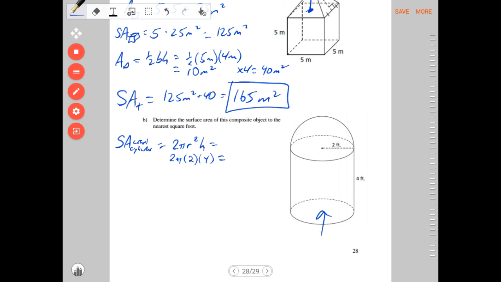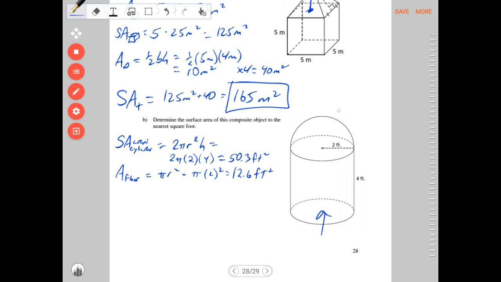So that works out to 50.3 square feet. Then we have the area of the floor, which is just a circle, so that's pi r squared. So that is pi times 2 squared, which is 12.6 square feet.